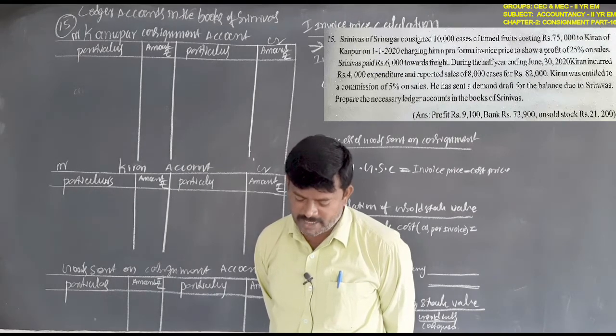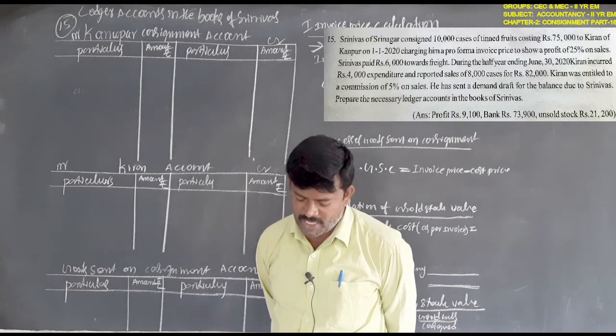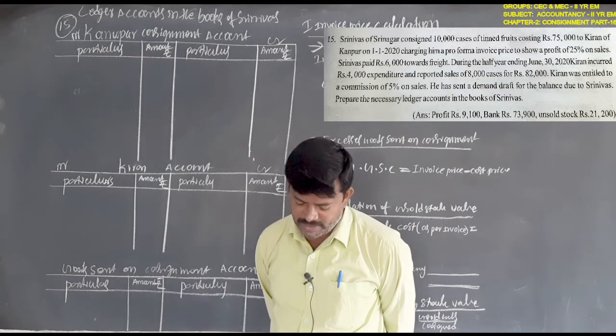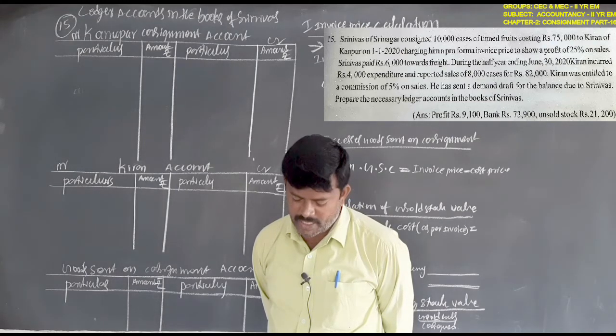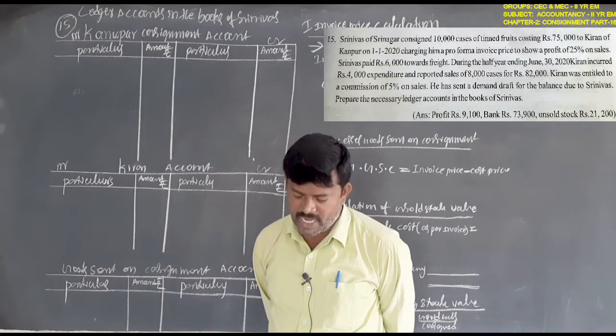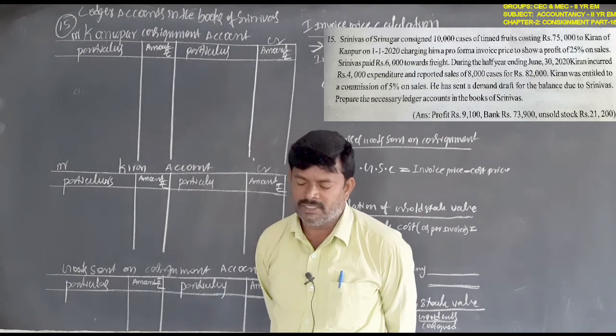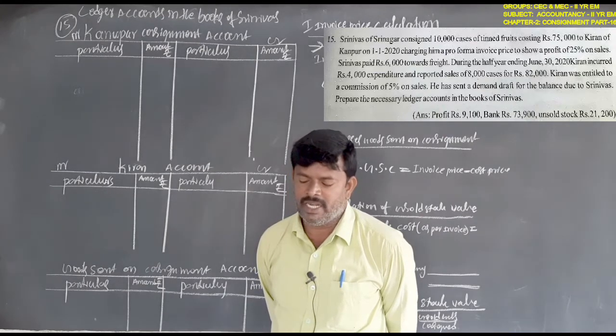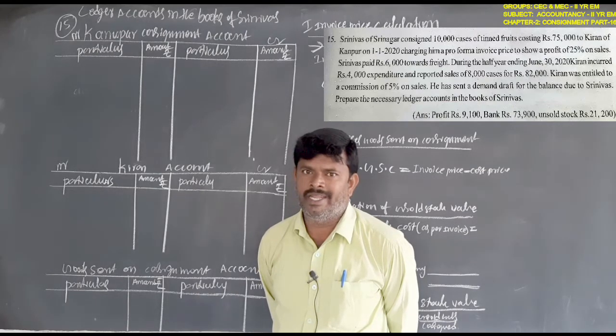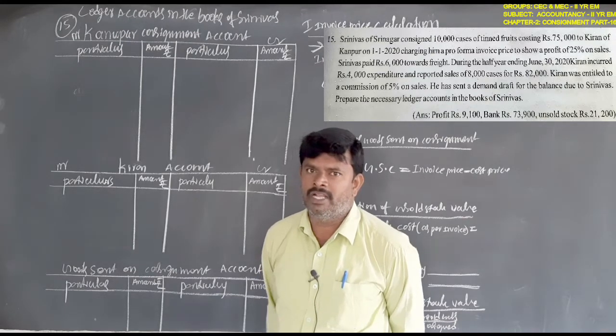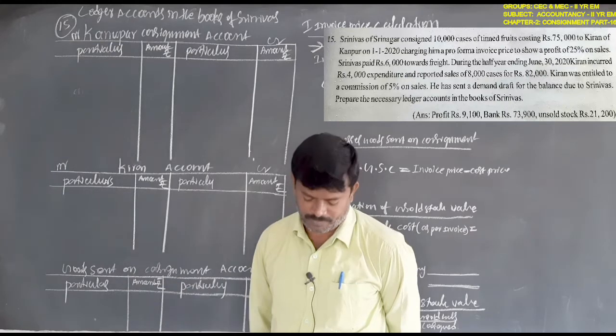These are the consignor expenses. During the half year ending June, Kiran incurred 4,000 rupees expenditure. They have not given a specification of recurring and non-recurring expenses, so we assume that the 4,000 is recurring expenses. Recurring expenses must be recorded in the consignment account only.